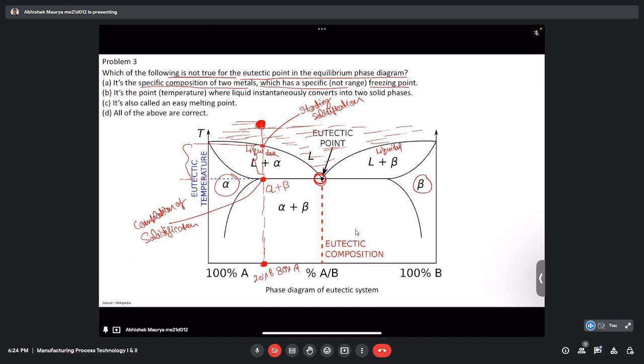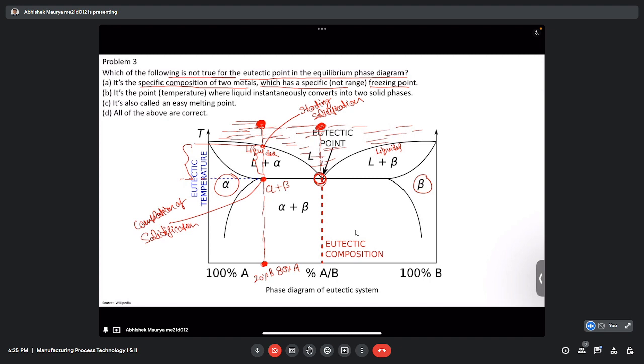But if we see the eutectic composition, this special composition, the biggest feature of this point is that the whole material solidifies directly from liquid to solid. We don't get a liquid plus solid region. Suppose we start here and begin cooling the material.